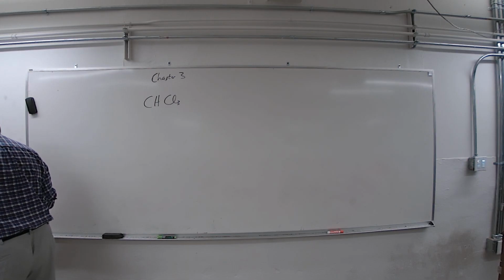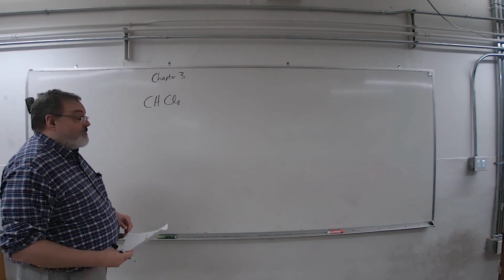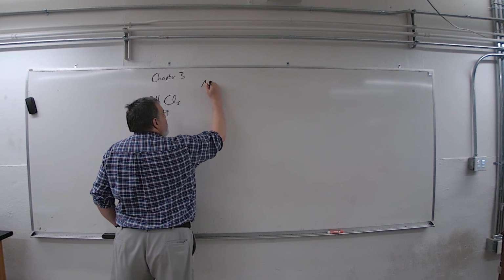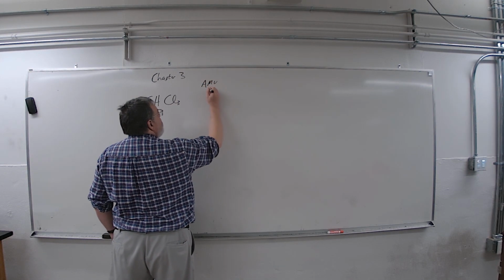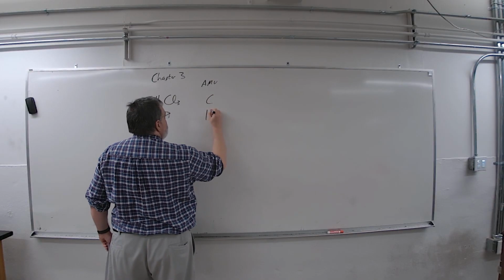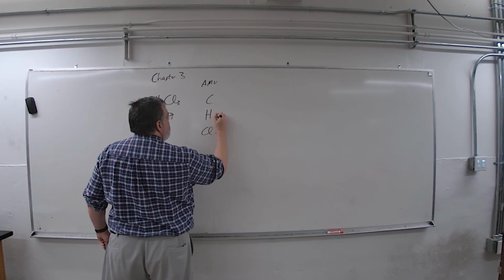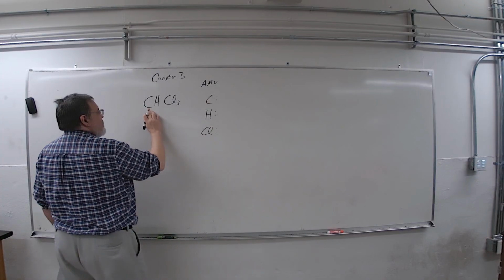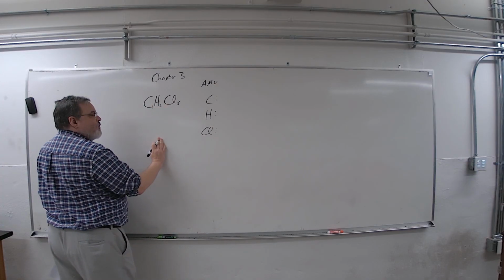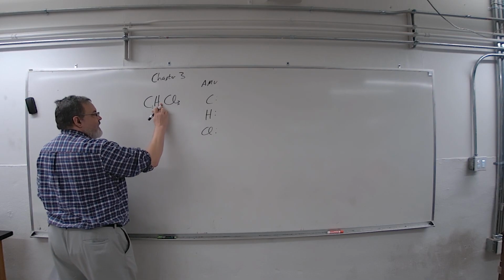Let me just do some examples like this. How much does this weigh in AMU? Alright, I do it like this. There's only one carbon here. I'll remind you, for some reason we don't put the ones, but when there's nothing there, that means a 1.